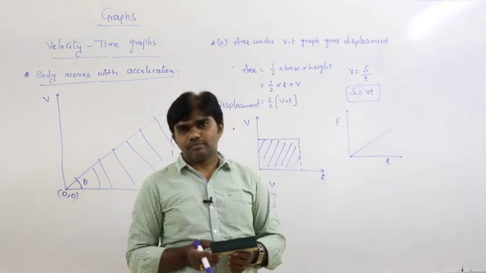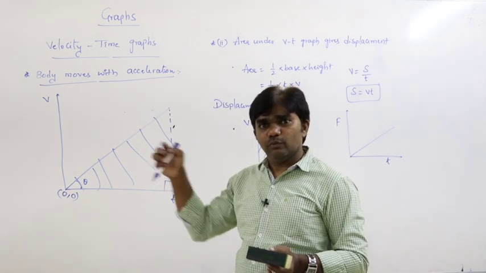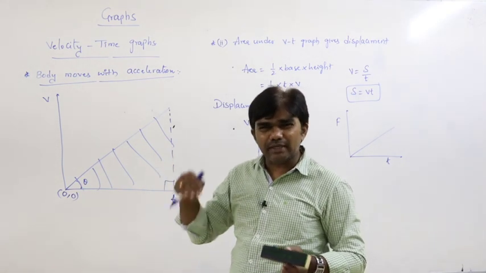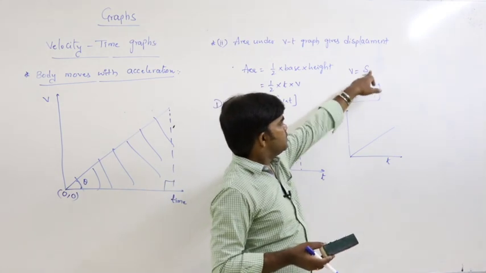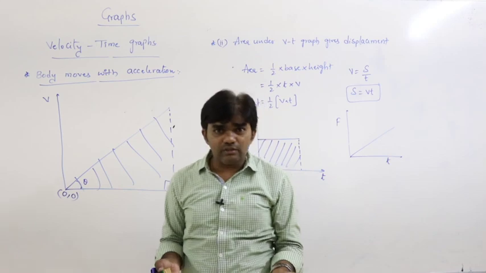That's all. In the displacement time graph, we have division. Displacement by time gives velocity. But displacement into time, we don't have that physical quantity.